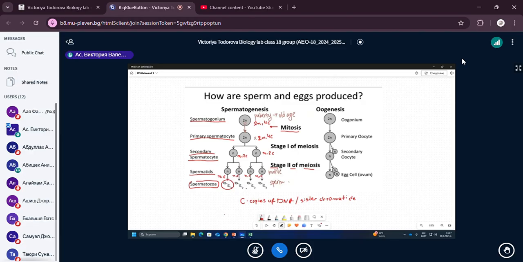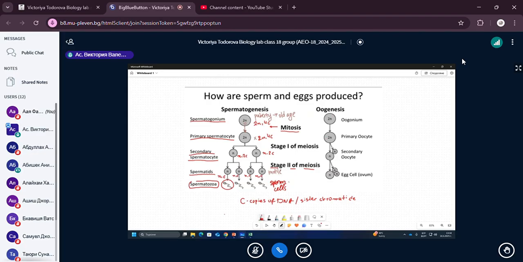Formation of the sperm cells, as you know them. This phase, formation, you cannot see in oogenesis or in formation of the egg cells.